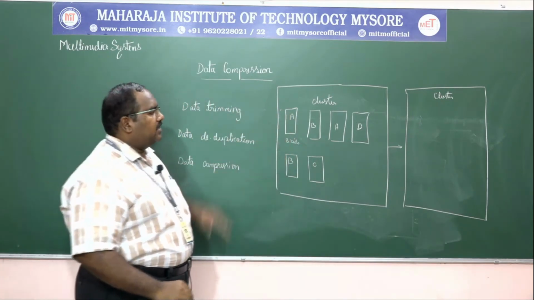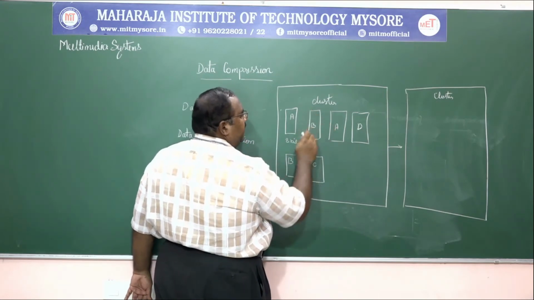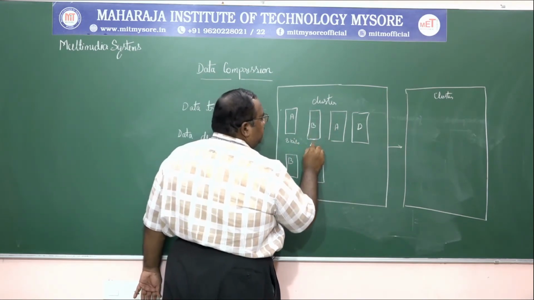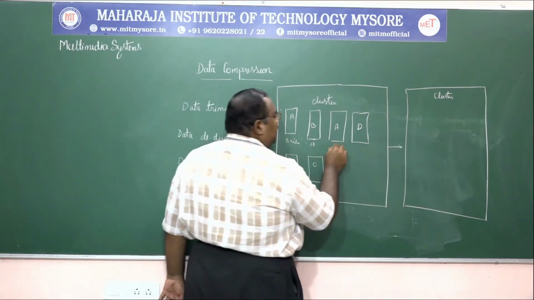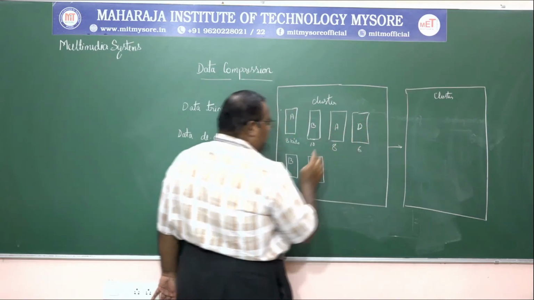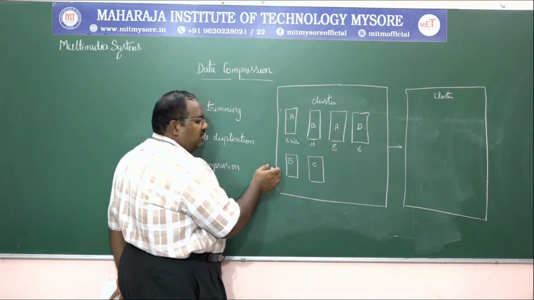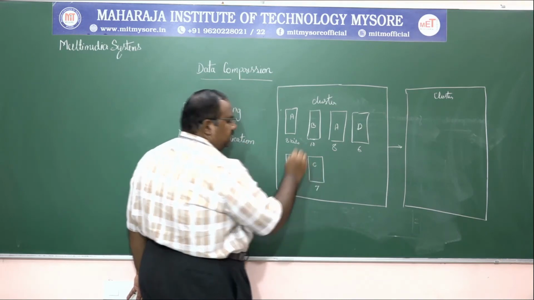Now consider the size of file B, since it is a bit lengthier one, I will write it as 10 bits. And here I will write 8. And here I write 6, and this looks like a much smaller file, so I write 5, and write 7.